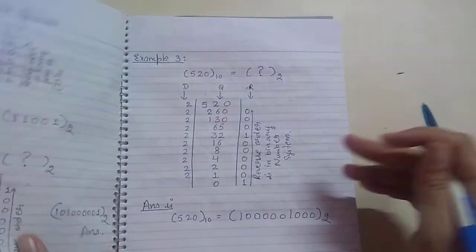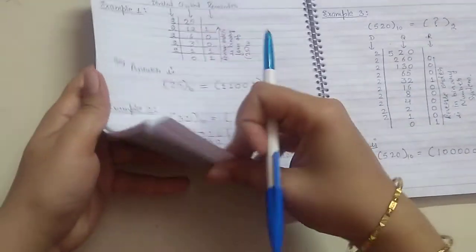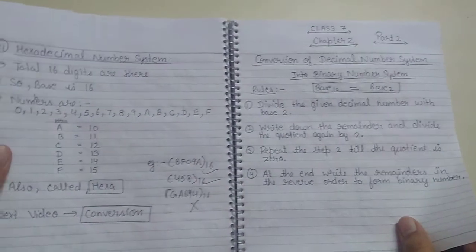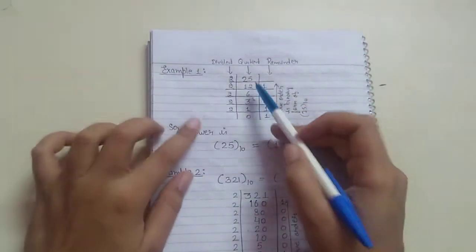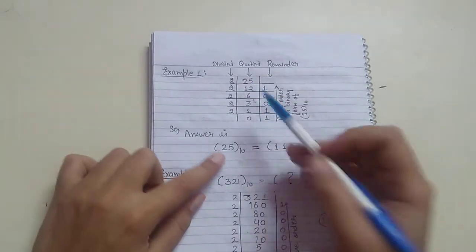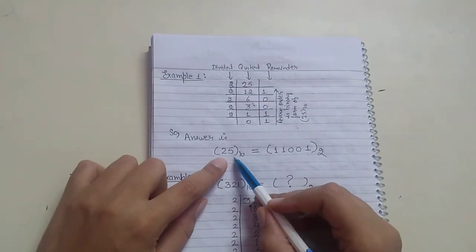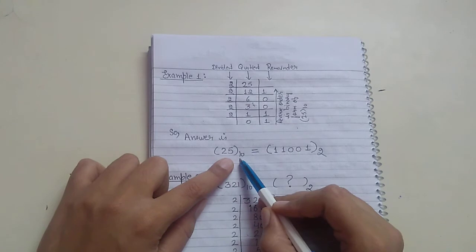So let's take an example and understand how we can convert the decimal number system into binary number system. Let's take the example of 25. This number 25 we are taking as a decimal number.